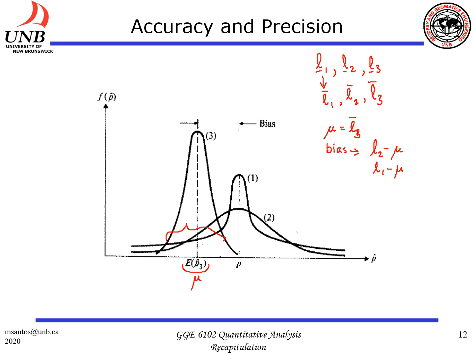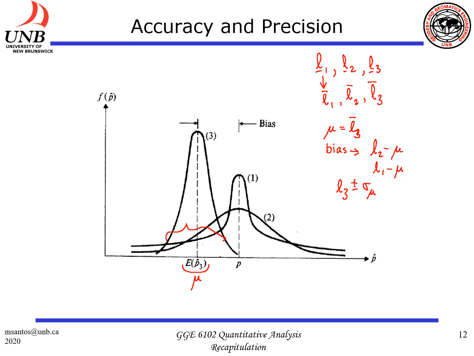In this figure, we're using the normal, the Gaussian function to represent the frequency distribution. So we have the observation L3 plus or minus the standard deviation of the population, sigma mu.